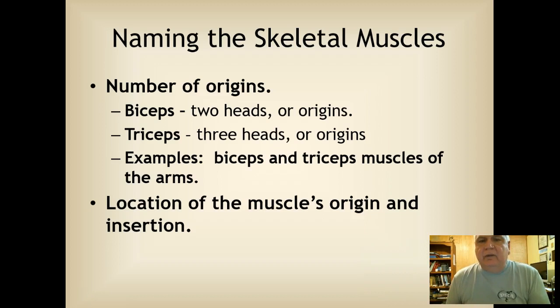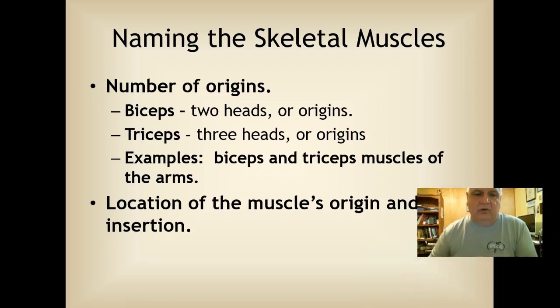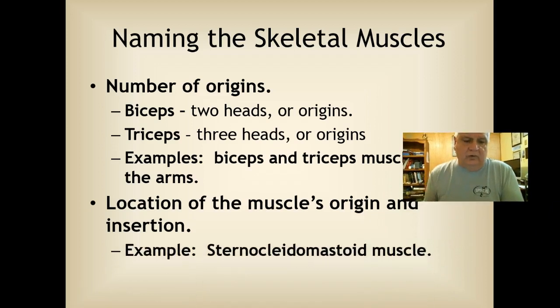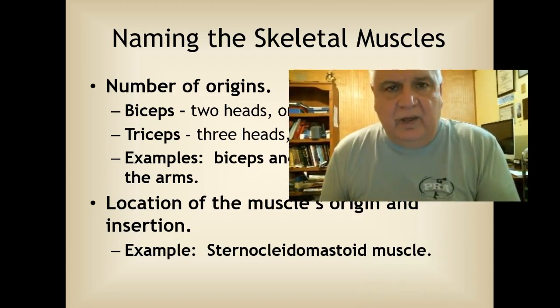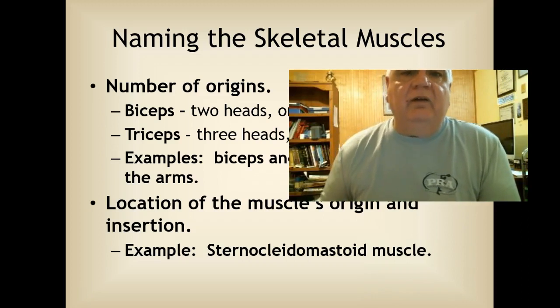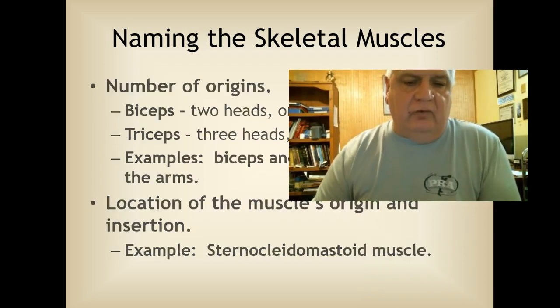Another criterion for naming skeletal muscles is the location of the muscle's origin and insertion. Again, early on, we looked at a muscle called the sternocleidomastoid. This seems like a long, ridiculous name to try to remember, but it's actually telling you a lot. It's telling you the actual origins and insertion of the muscle.